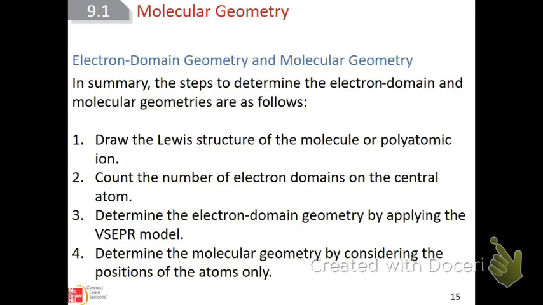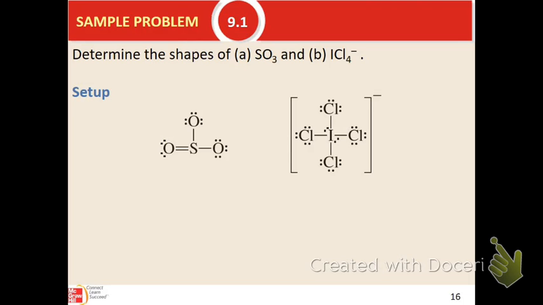Okay? So here it's asking you to determine the shapes of these two molecules. You have sulfur trioxide, and you have this polyatomic ion here, an ion that's got one iodine and 4 chloride ions in it. So these two shapes.